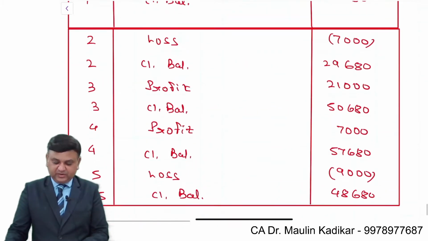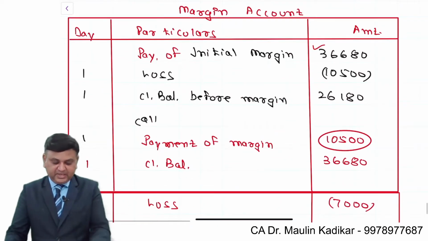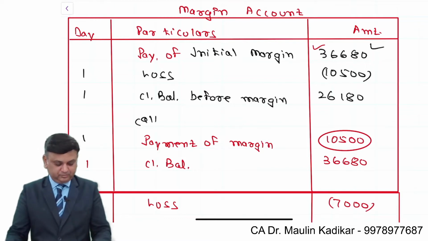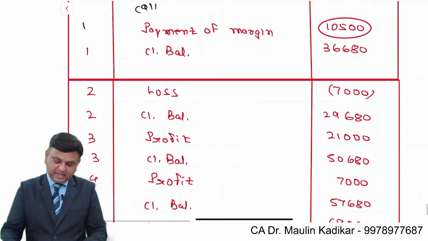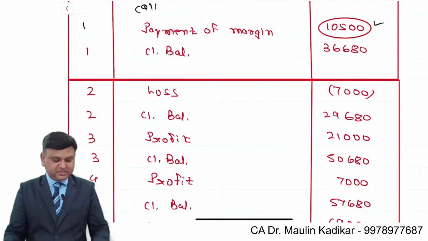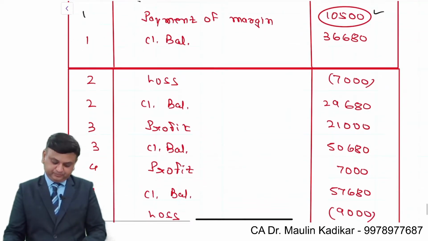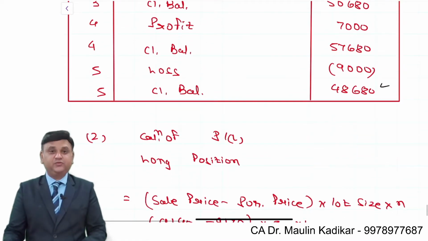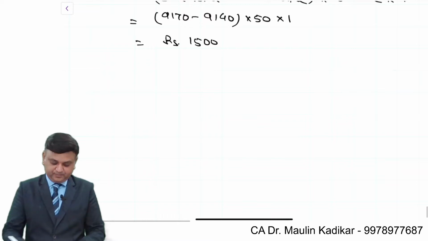Again, you can cross-verify the answer. Initially, the margin that you paid is 36,680. Then, again, you paid margin at the end of the first day, 10,500. And the closing balance is 48,680.